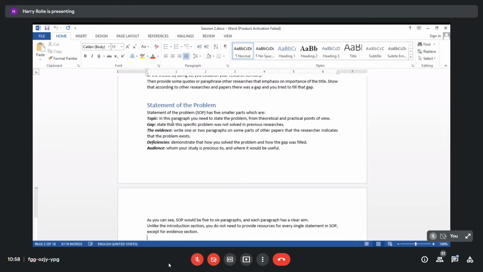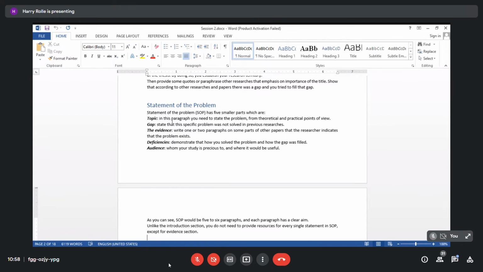Yung conclusion, ano yung napatunayan nila sa ginawa nilang research. Then the discussion kung paano nila pinatunayan na yung research nila ay gumagana, paano nila na-accomplish yung objective na meron sila. So yun yung ano natin.